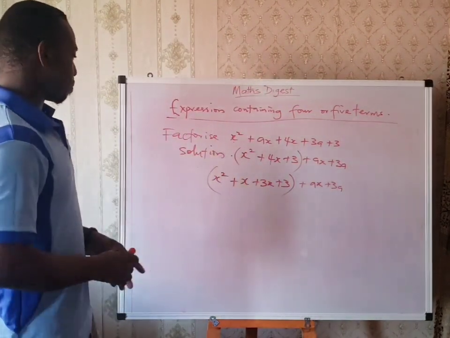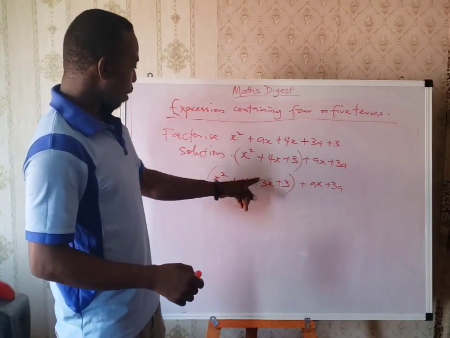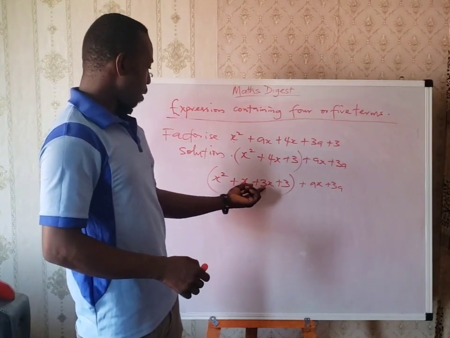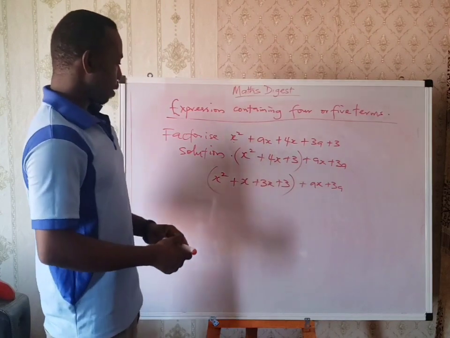Now look at this. If you multiply these two, you are going to get 3x squared, and if you add the two, you're going to get 4x.